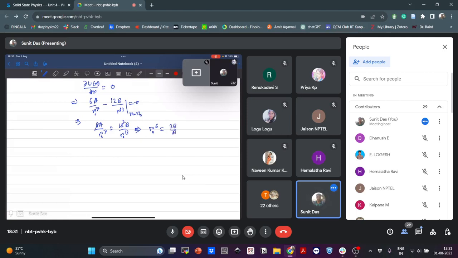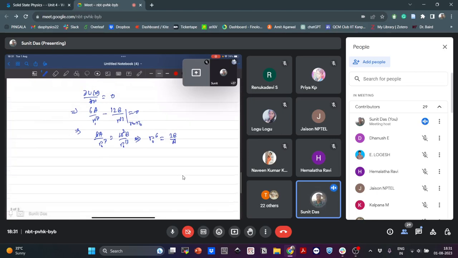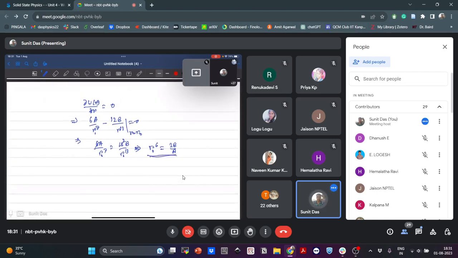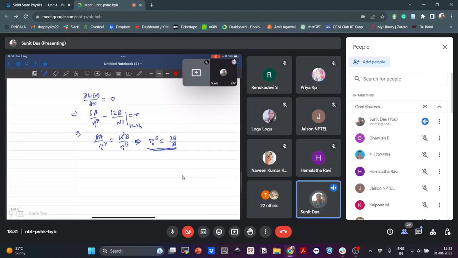We need to find the potential energy at this equilibrium r naught, but it will be better to keep it like that.